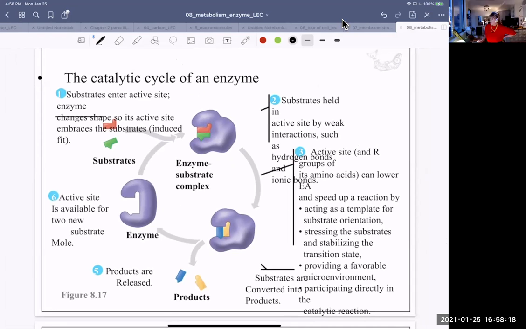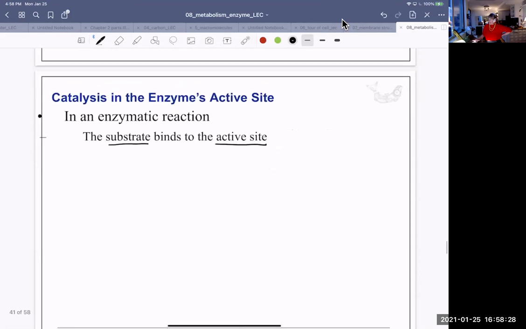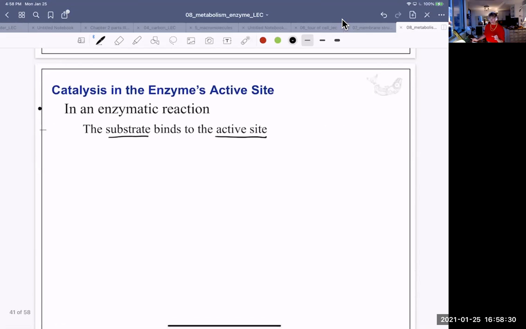Can I ask a question, Eduardo? What's the difference between an enzymatic reaction and induced fit of a substrate? The enzyme catalyzes the reaction. In other words, it helps it along. And the active site is where the substrates bind, and those substrates are going to go through the reaction.